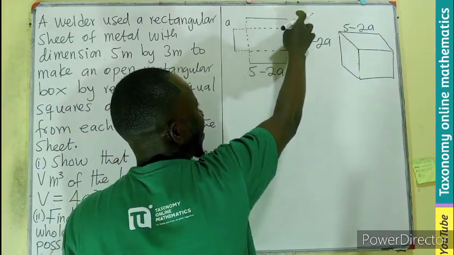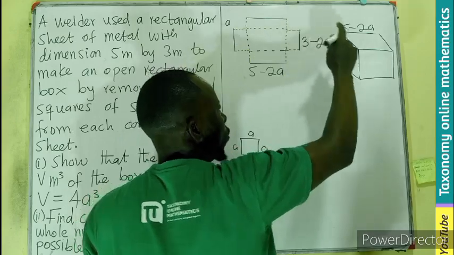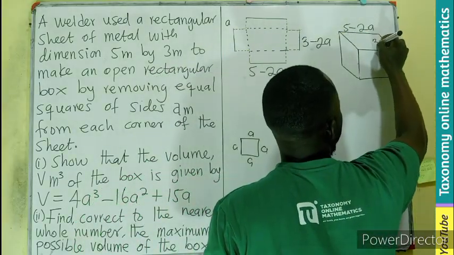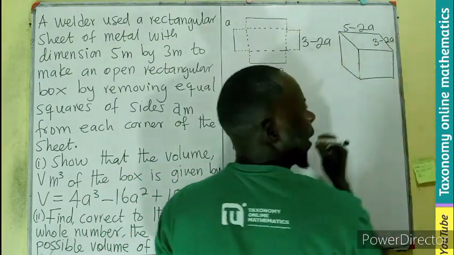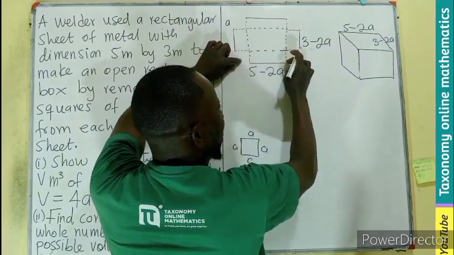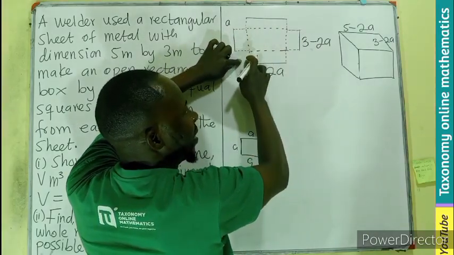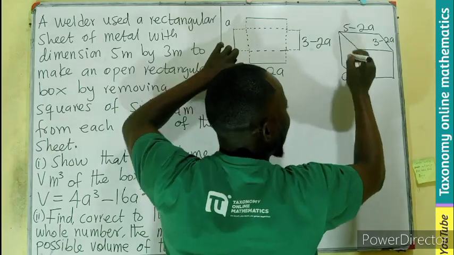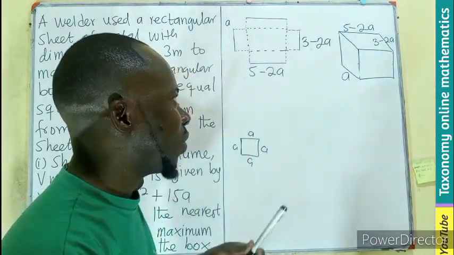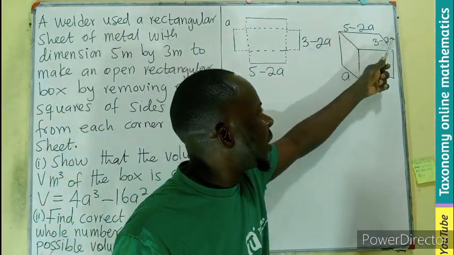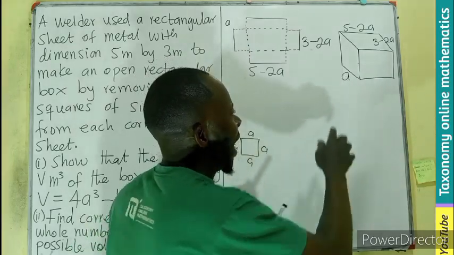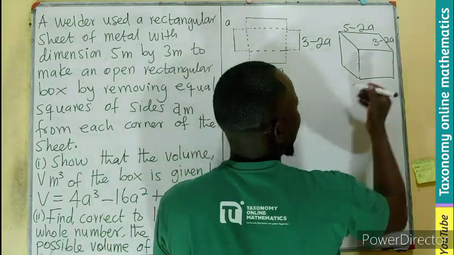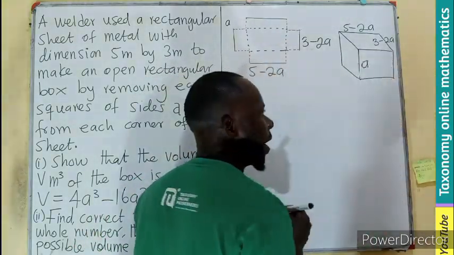This is the length. The breadth will also be holding in there as 3 minus 2a. Then as this is coming up, it is this that will be making it have a thickness. So we are going to have the length, the breadth, and the height. Sorry, this will be forming the height.